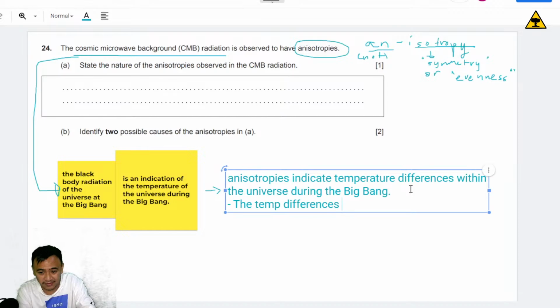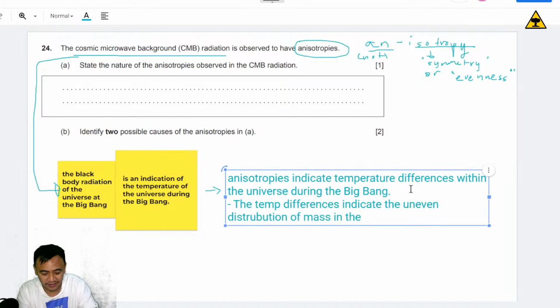In galaxies or in deep space? Galaxies would be hotter than deep space, right? Because it has more mass. So, yeah. What does this mean? The temperature differences indicate what? The uneven distribution of what? Mass in the early universe. Okay, that's what this means.